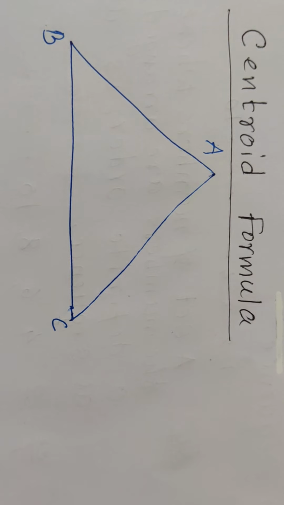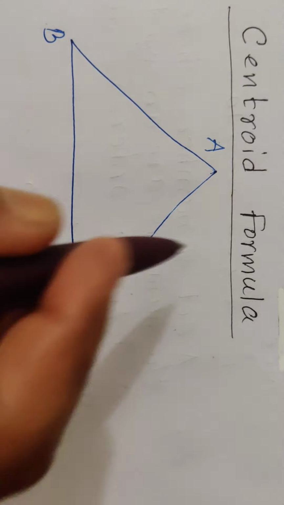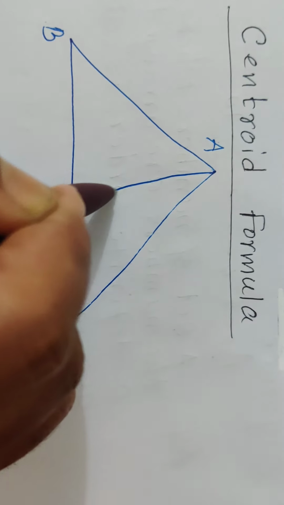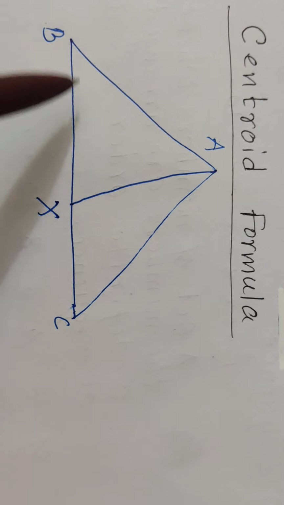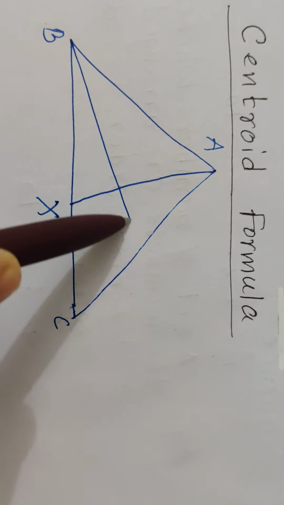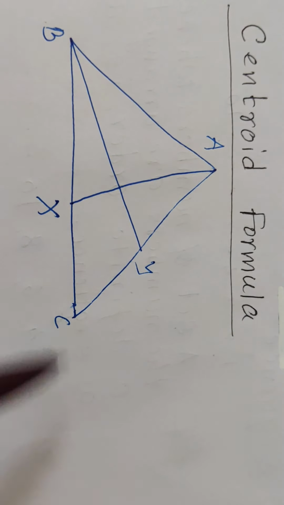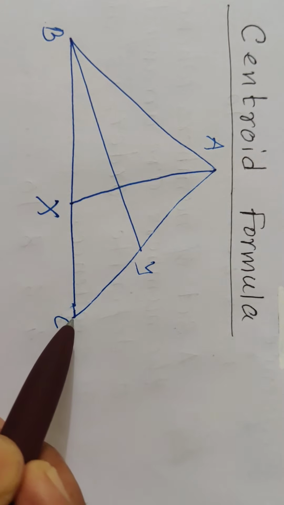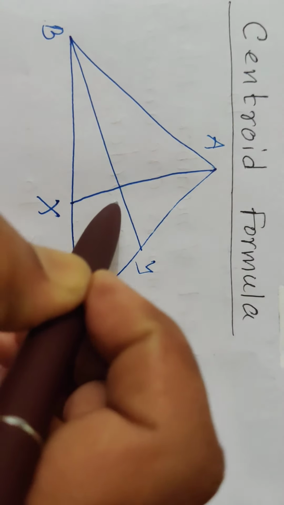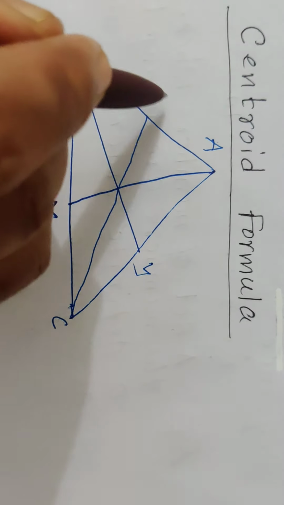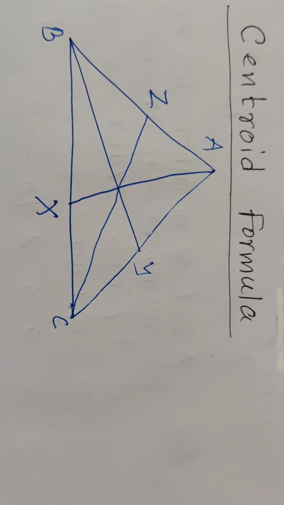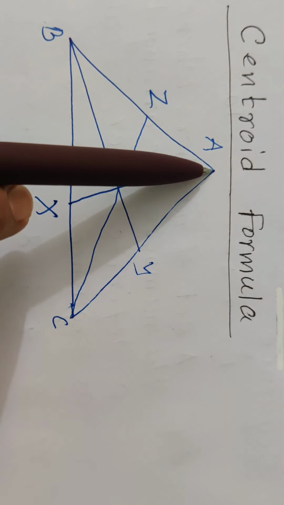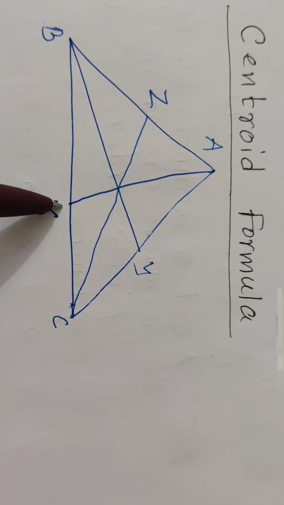Each triangle has three sides, that means there are three medians. AX is one median, BY is the second median, and CZ is the third median. Median means the segment which joins the vertex and the midpoint of its opposite side.